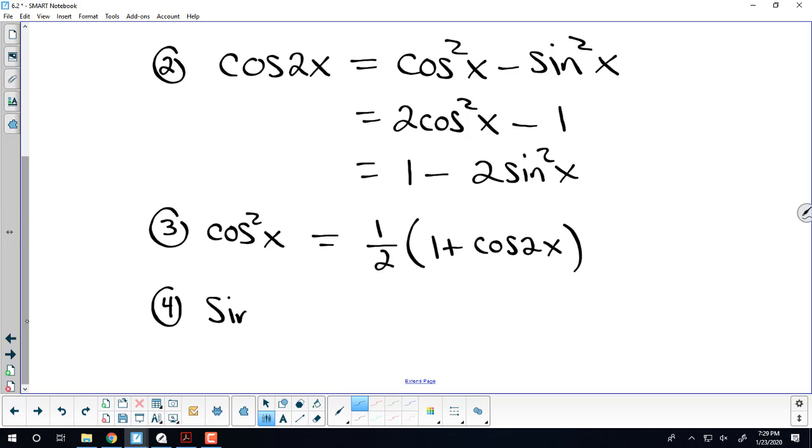Sine squared is 1/2 times 1 minus cosine of 2x. Yep. So those are probably worthwhile remembering for this section's homework and going forward in general.